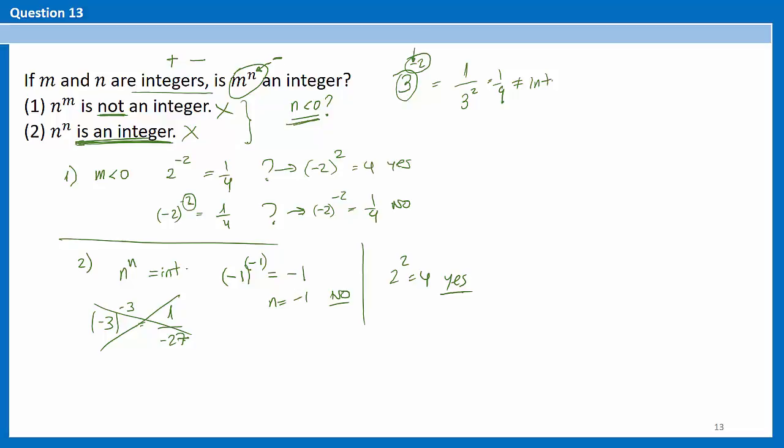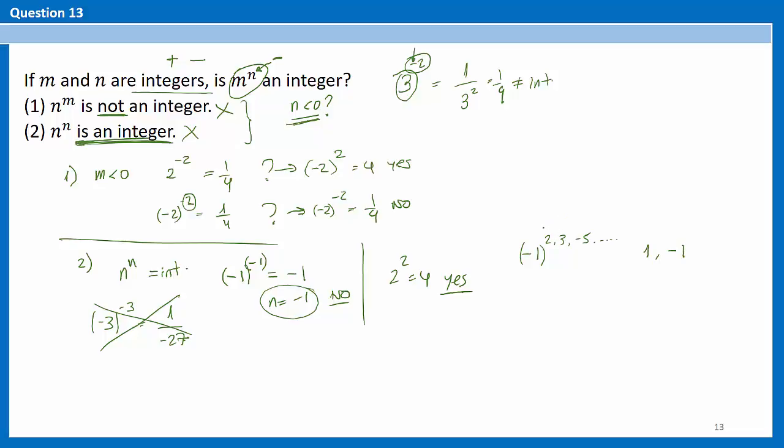Now we need to see them together. Now, since negative 1 was the only value in statement 2 that answered no, can I still use it in statement 1? So negative 1 to any power, for example, 2, 3, negative 5, is always going to be either 1 or negative 1, right?